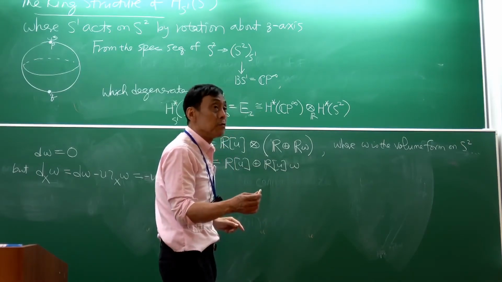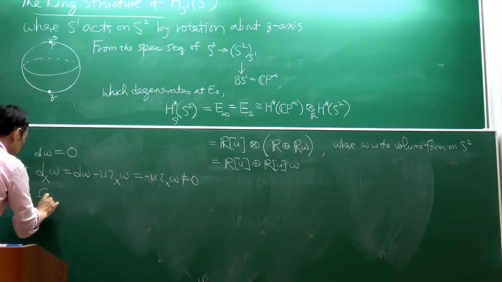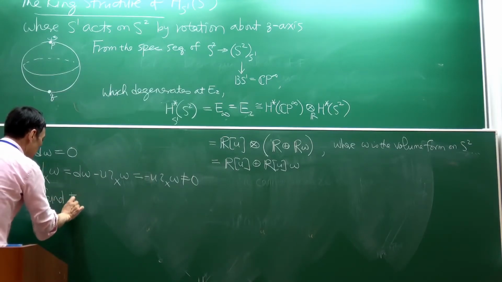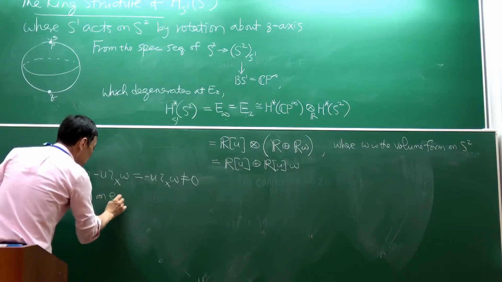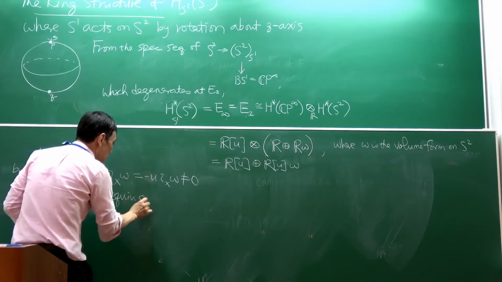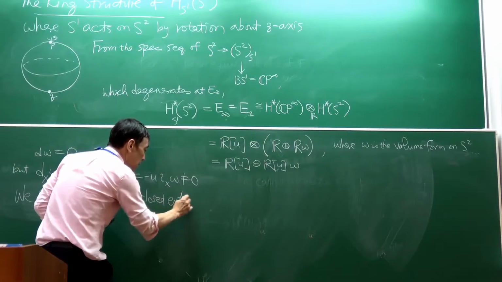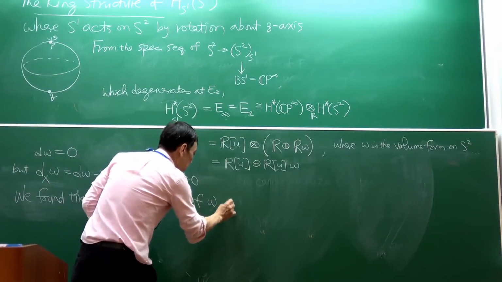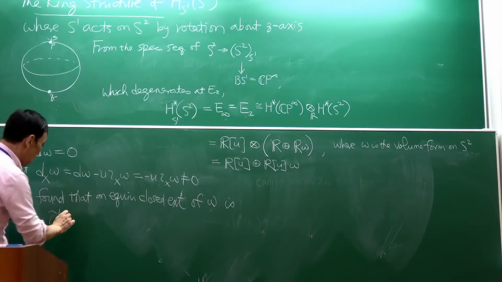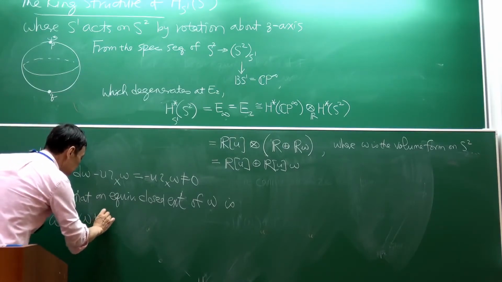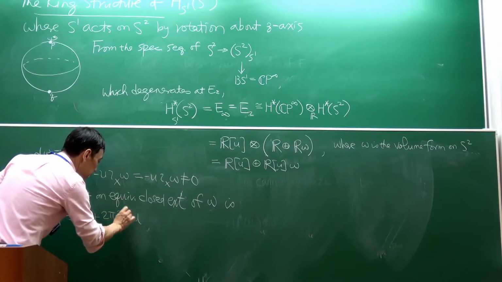But we did find an equivariantly closed extension, right? I think we found that an equivariantly closed extension of omega is omega tilde, which is equal to omega plus 2 pi z u.